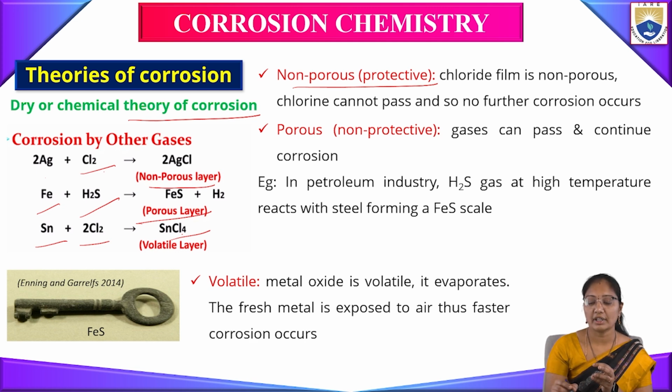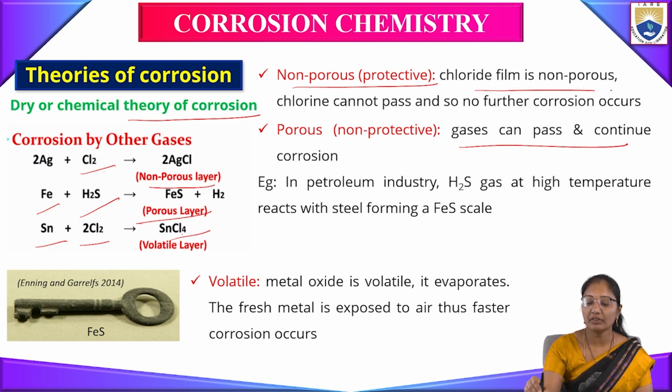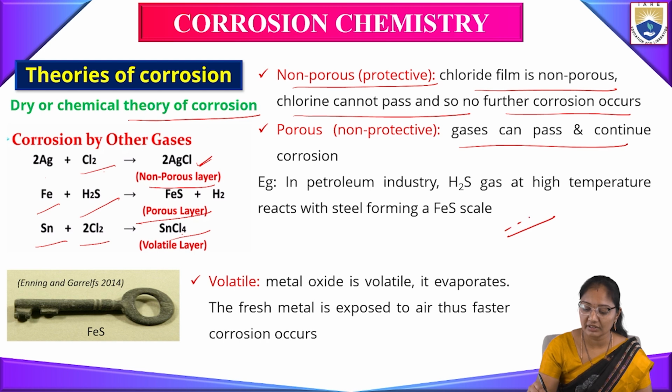So coming to porous, the gases can pass and continue corrosion. Whereas with non-porous, the chloride film, non-porous means silver chloride, cannot pass the gas through to the metal, and no further corrosion occurs. Suppose this is a porous layer, and this is a non-porous layer.